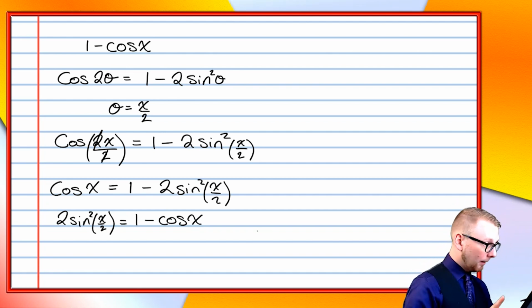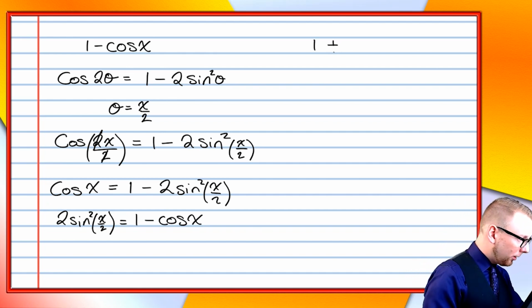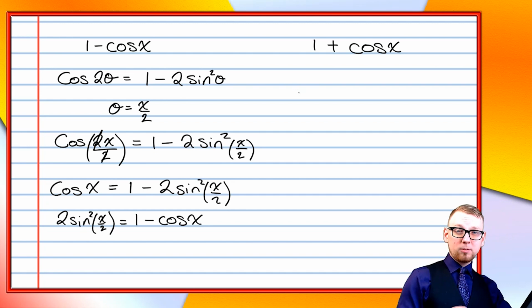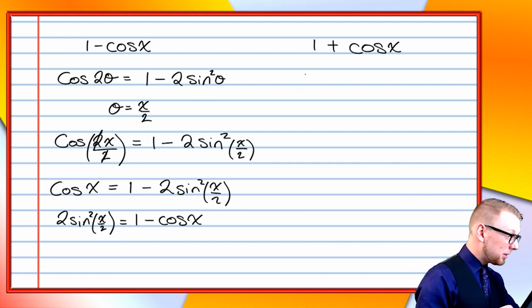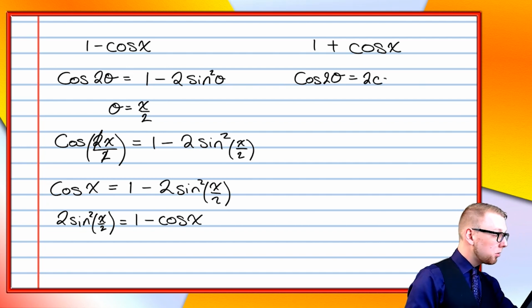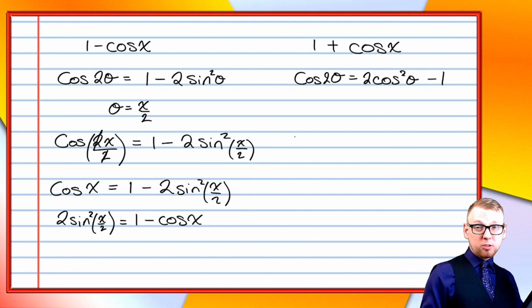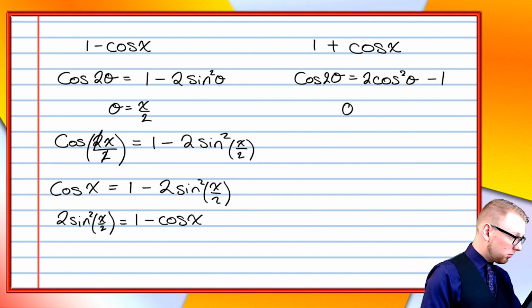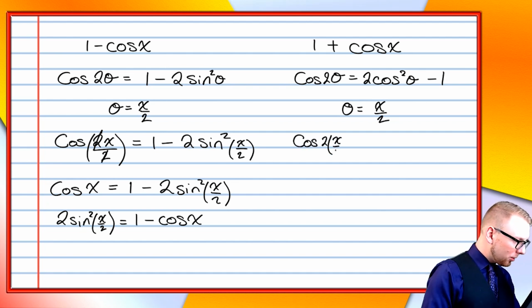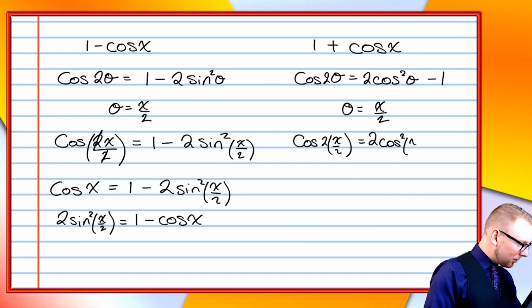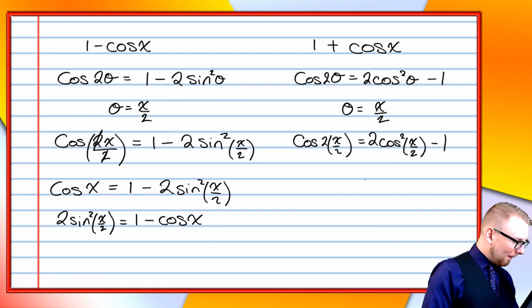Let's look at the other one now. We've got 1 plus cos x. Remember from our trig identities that cosine of twice an angle is equal to 2 cosine squared theta minus 1. Now, we're just going to replace theta with x over 2. So that's going to give us cosine of 2 times x over 2 equals 2 cosine squared of x over 2 minus 1.